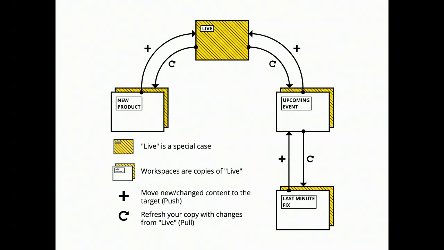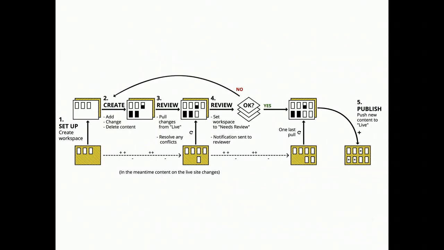While in another workspace, they might work on an upcoming event, and extending from that workspace, there might be another workspace that works on some last-minute fixes. So it's containing all of these content changes into separate workspaces. And you can then pull down updates from the live workspace, push them up, update, and so on and so forth. A particular scenario might look something like this.